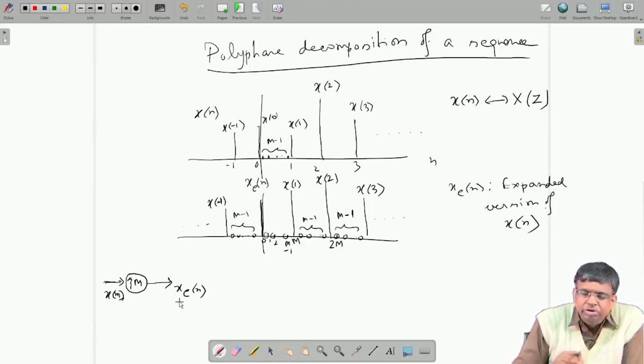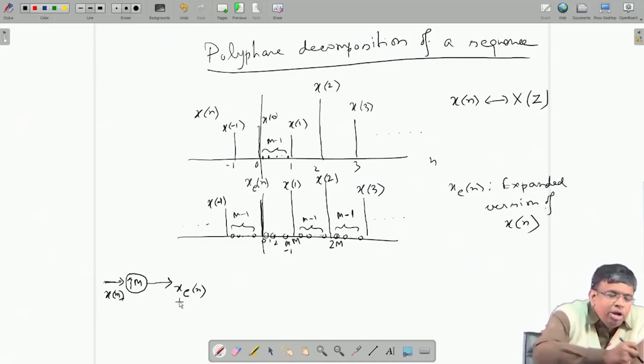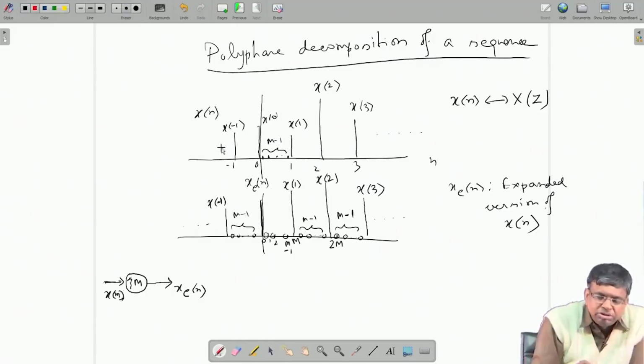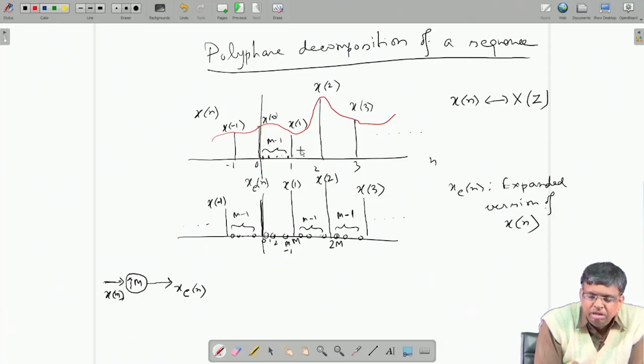Actually, if you want to do it in real time, earlier maybe you had an analog waveform which was sampled. You sampled here, so these are the sampling points 0, T, 2T, 3T, minus T, and like that.